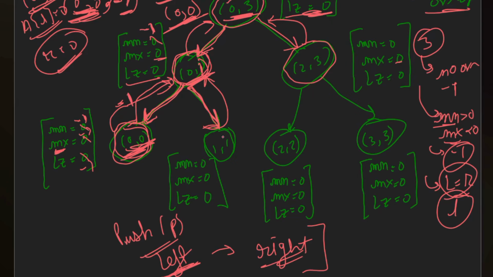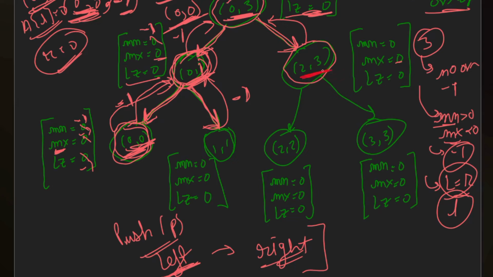Then we went to 1 comma 1, so 1 comma 1 and 0 comma 0, no overlapping is there, so it will also return -1. So here the left node returns -1, right node also returns -1, so this node will also return -1 to its parent. So at 0 comma 3 we get -1 from the left child, so we'll be checking the right child.